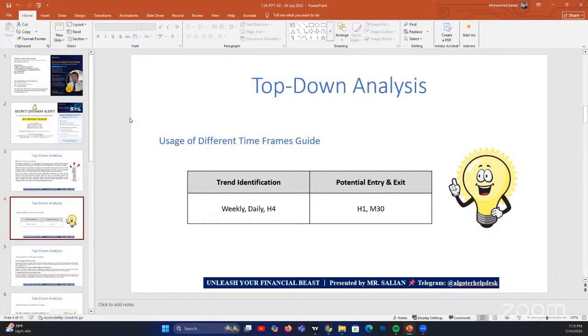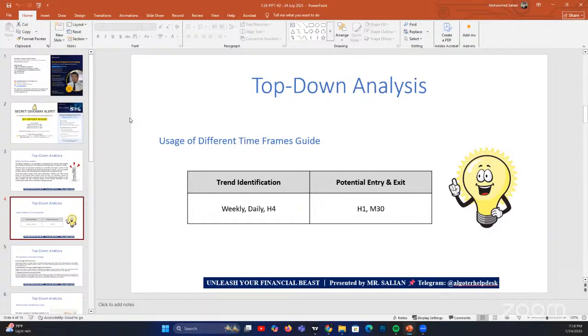If all 3 are aligned, all bullish or all bearish, then this is best to trade, because now there's no way to sell if it's going up and no way to buy if it's going down.